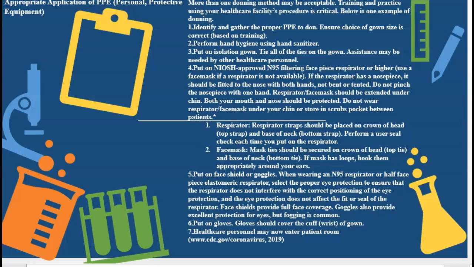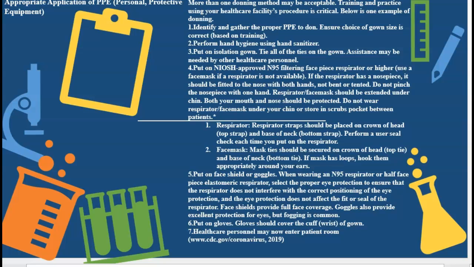First, in a hospital setting, we identify and gather the proper PPE to don for whatever the isolation is. We have droplet isolation, contact isolation, airborne, all kinds of isolation, and you need to know what you need to put on for each one of those different types.